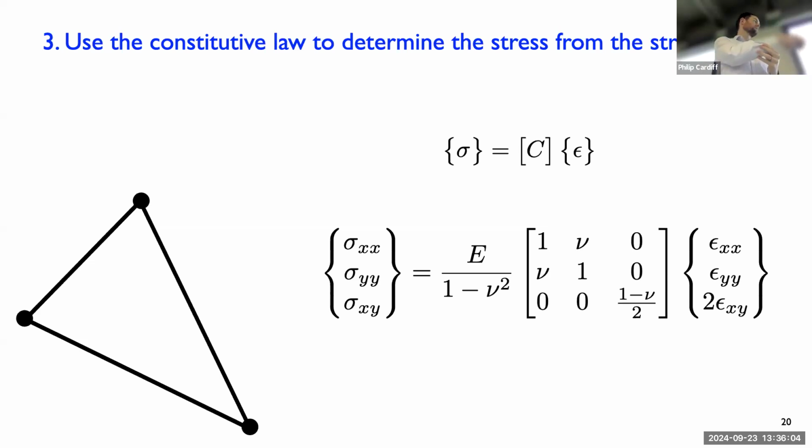And the same for the YY. If Poisson's ratio is 0, then the stress in the y direction is equal to Young's modulus by 0, 1, 0. So that row by that column is just 1 times the strain in the y. So you can see if your Poisson's ratio is 0, it's basically just like 1D material behavior in the X direction, 1D in the Y direction, and 1D in the shear.